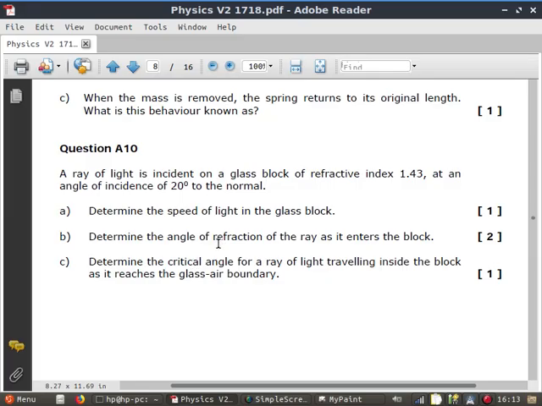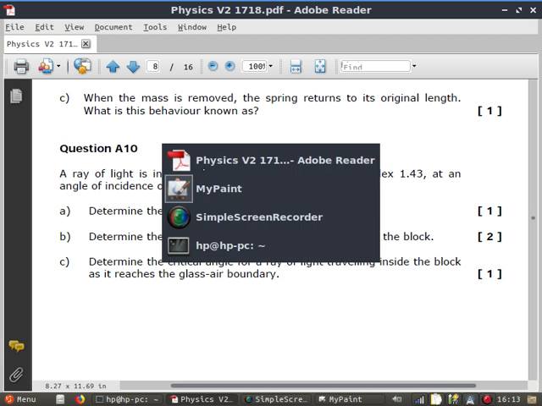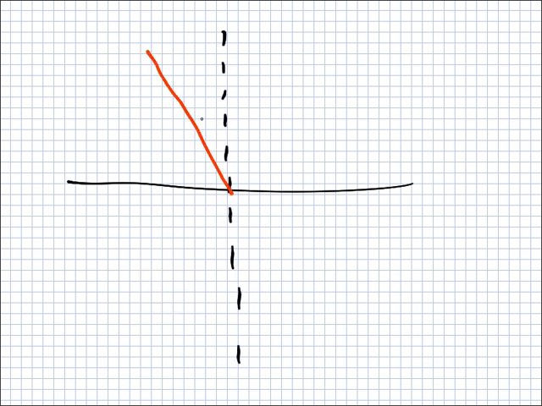Right, now what's the angle of refraction? Is that the final answer? Angle of refraction. So now what happens next? The light comes in at 20, and we want this angle here, which we call OR.